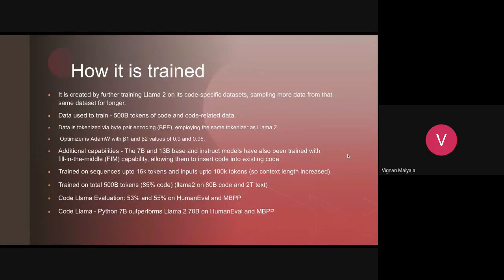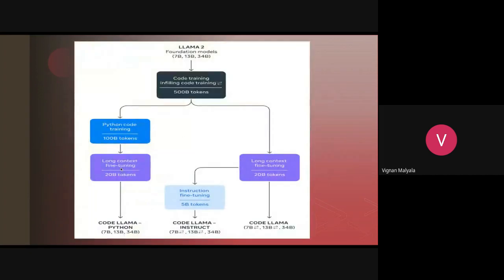That's the major advantage. Also, the parameters used RoPE, which is a different paper on positional embedding. So that's the advantage of long input context.